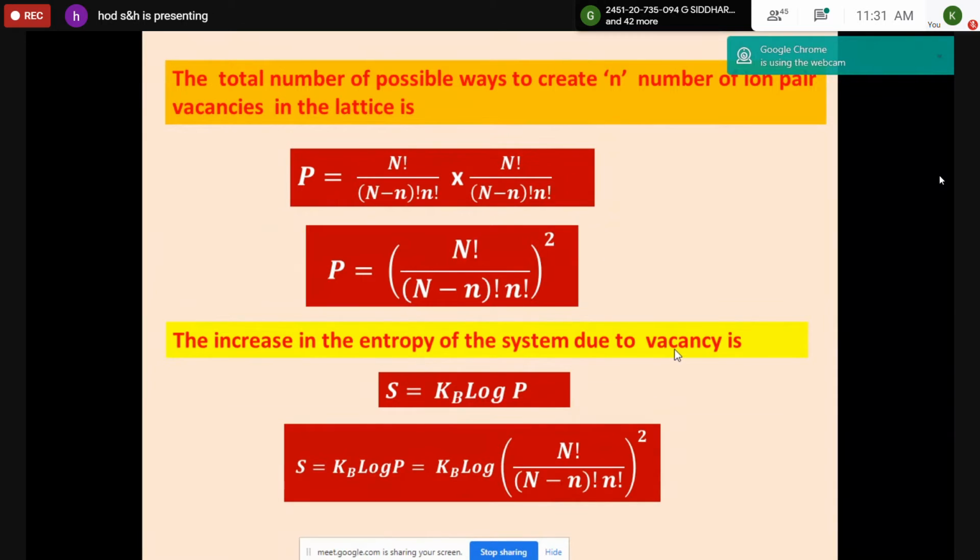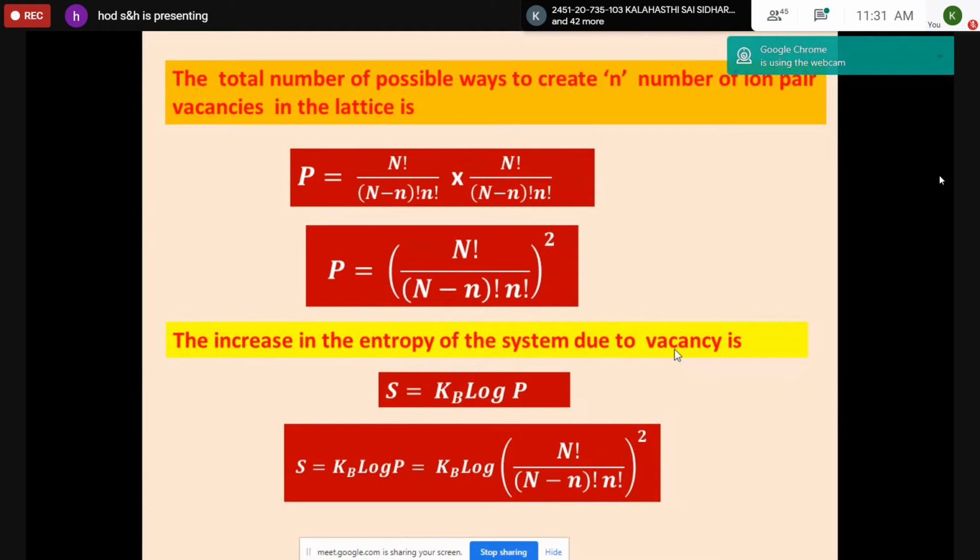Take these two steps. The total number of ways n vacancies, ion pair vacancies can be created is P equal to N factorial by (N minus n) factorial into n factorial, whole square. Whenever there is some disorderliness in the crystal, it is expressed in terms of entropy in thermodynamics.